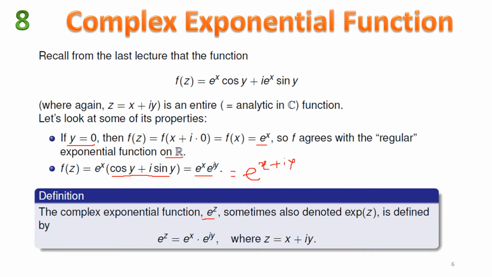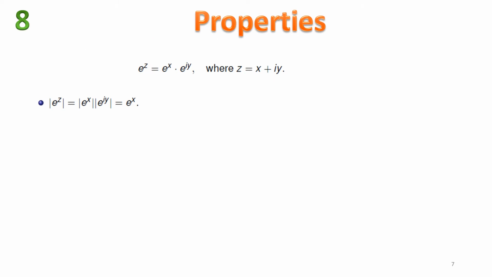So we have written e to the z, sometimes also denoted by exponential of z, and it is defined as e to the z is equal to e to the x into e to the iy, where we can write z is equal to x plus iy. Let us try and explore properties of this exponential function e to the z.